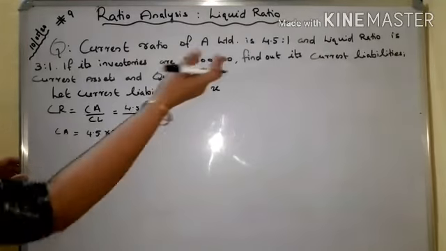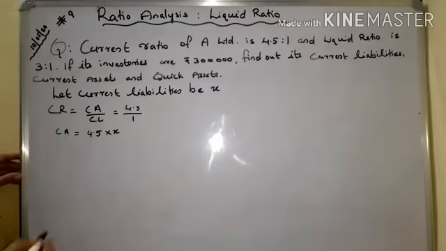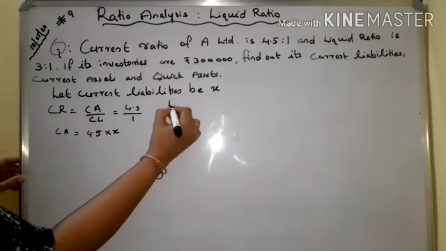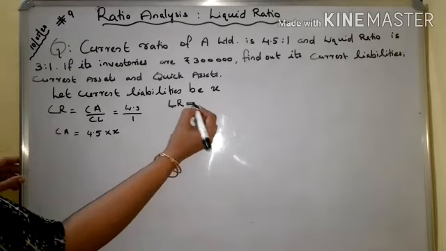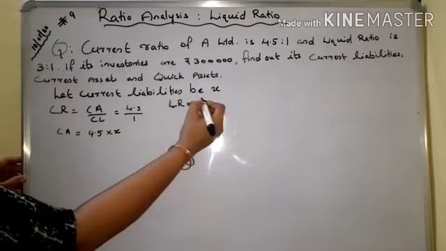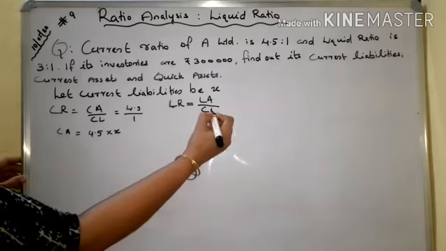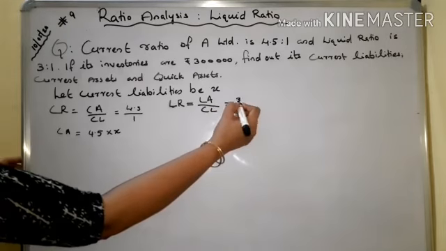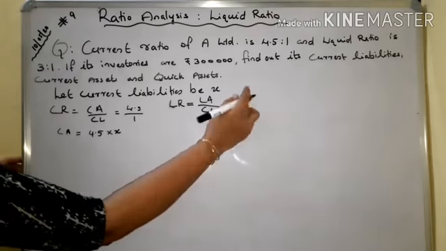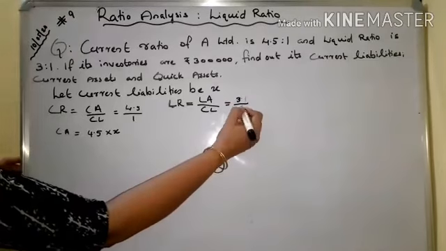Next, the liquid ratio given in the question is 3:1. So liquid assets divided by current liabilities is equal to 3 by 1.